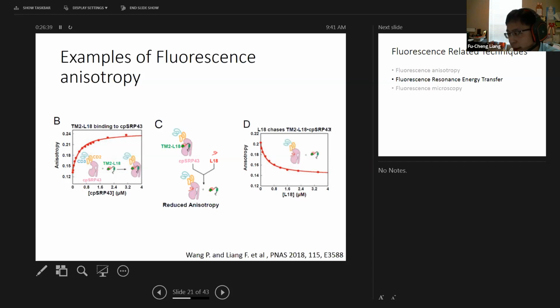Then you chase it away with this unlabeled ligand, and the signal is going to decrease because they will kick away from binding to the protein. The fluorescence-labeled ligand is going to increase its motion in the solution, and that's why it becomes a low anisotropy signal. These two experiments can further justify that we can use fluorescence anisotropy as a way to detect the binding affinity between your small ligand and the big protein molecule.